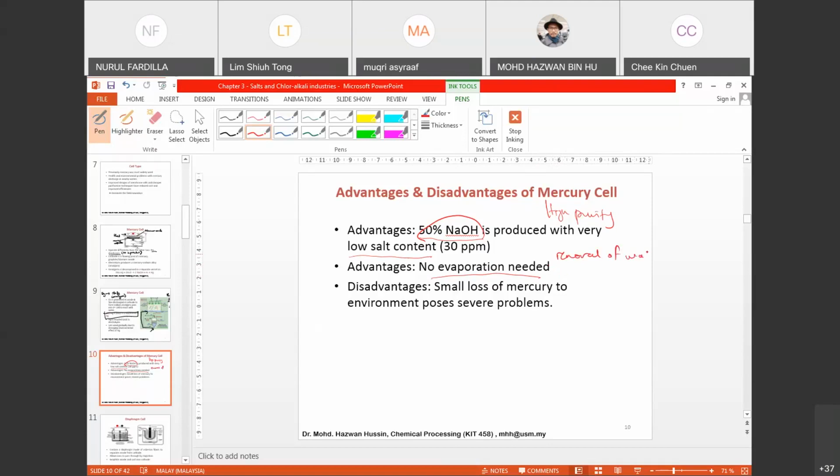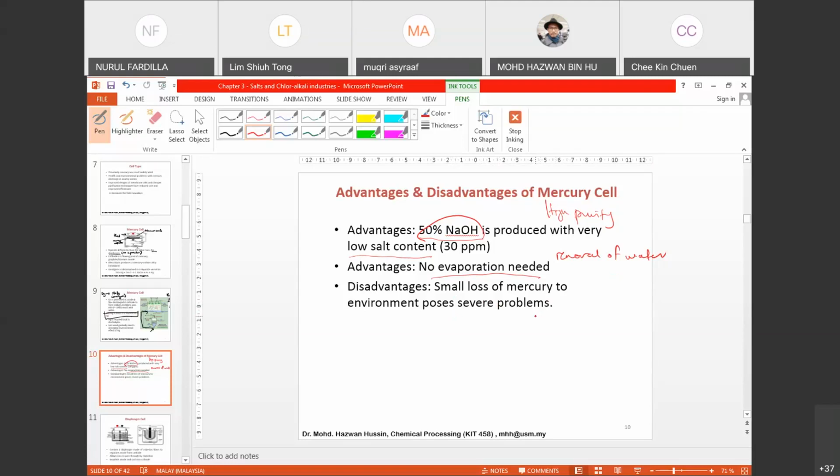When you remove water, you can have a slightly higher concentration of sodium hydroxide. But of course, evaporation always deals with cost because it involves heating and so on. And of course, the disadvantage of mercury cell is that a small loss of mercury to the environment poses a severe problem.